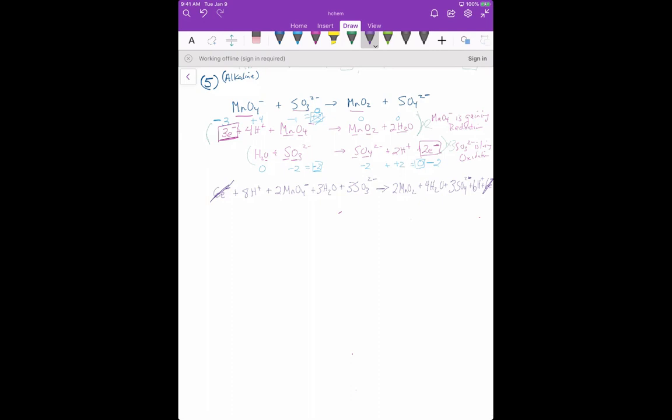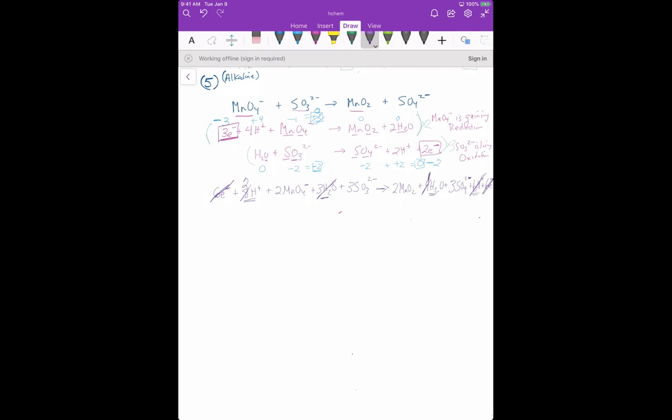Notice I have 8 hydrogens on this side and I have 6 hydrogens on this side. So I can cancel 6 of those hydrogens. So 6 cancels and I'm left here with 2 hydrogens. That's that difference. Notice I have 3 waters on this side and 4 on this side. So I can actually cancel 3 out of both sides. So that leaves me the difference here with 1 water.